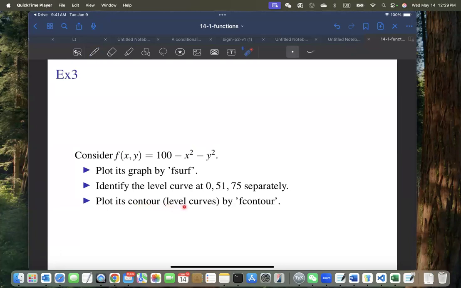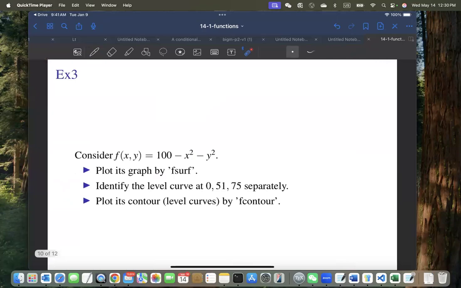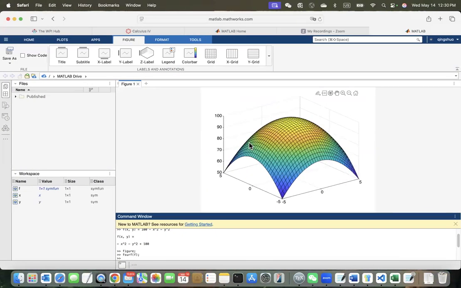Plot its contour, level curves, by fcontour. The contour of a graph is those level curves with different levels, put together. So we need another figure.